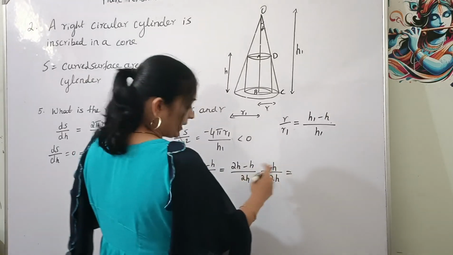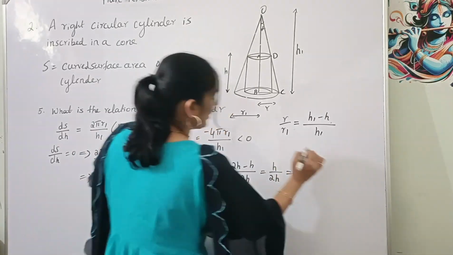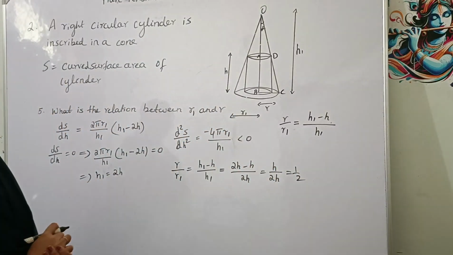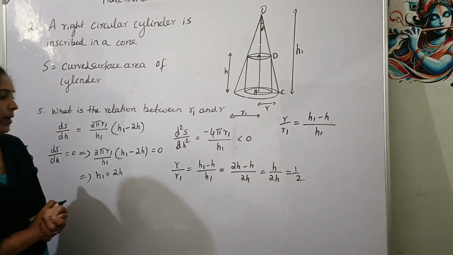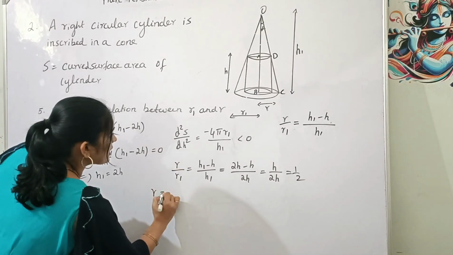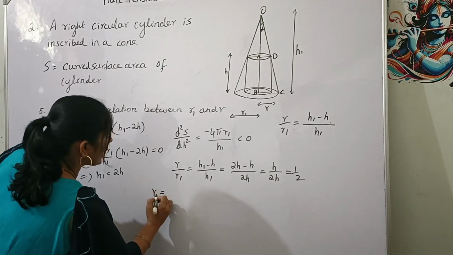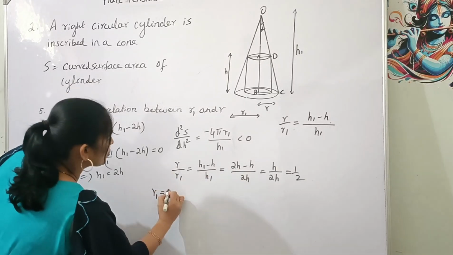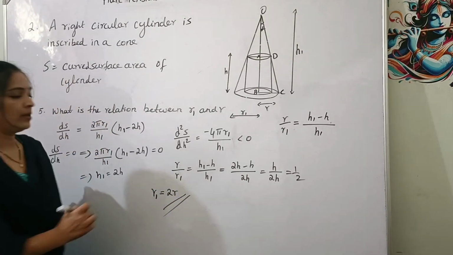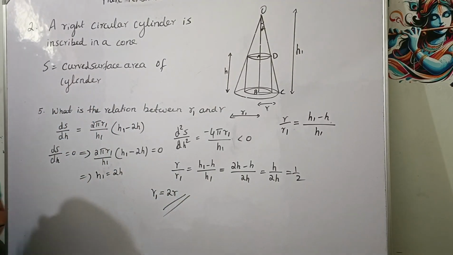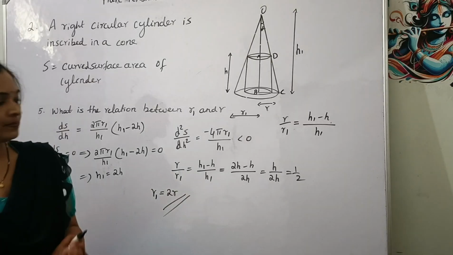That implies H cancelled, 1 by 2. So R divided by R1 is equal to 1 by 2. That means R1 is equal to 2R. It is the relation between R1 and R.